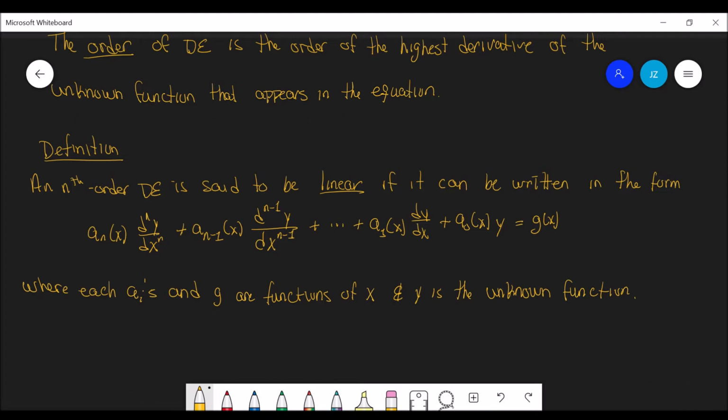Now, any ordinary differential equation not of this form is said to be non-linear. So an ODE not of this form is called non-linear.